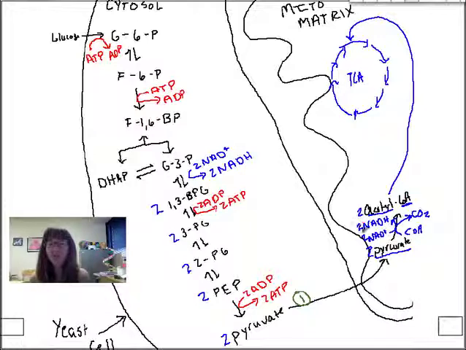So as soon as we've covered a brief bit on the transition step, this is what we call the transition step right here, then we'll turn our attention to the TCA and we'll spend some time talking about the details of the TCA cycle.